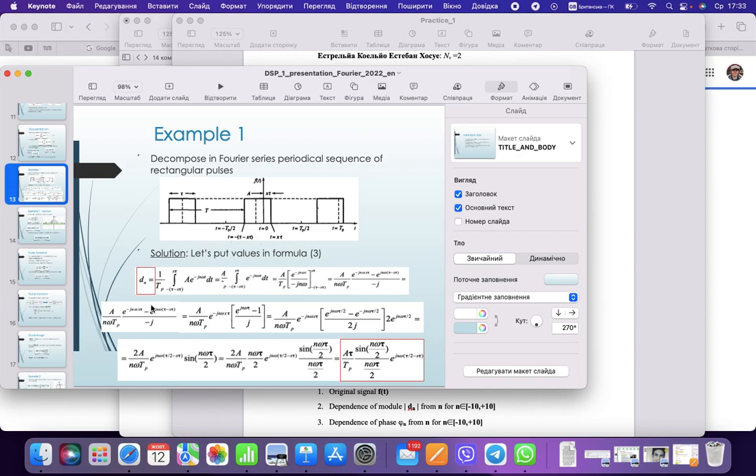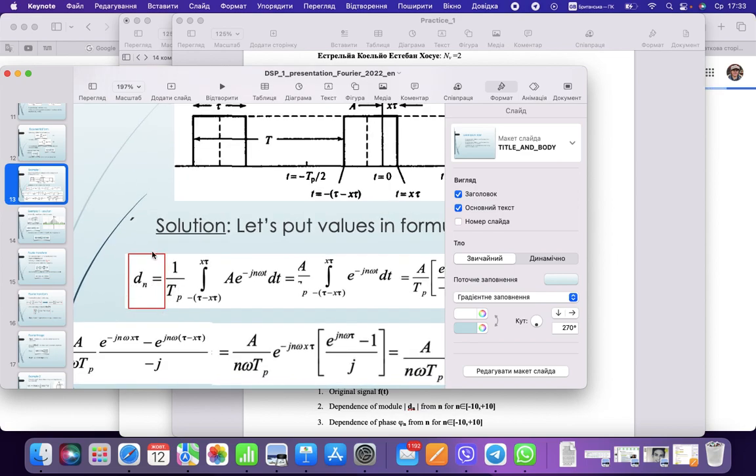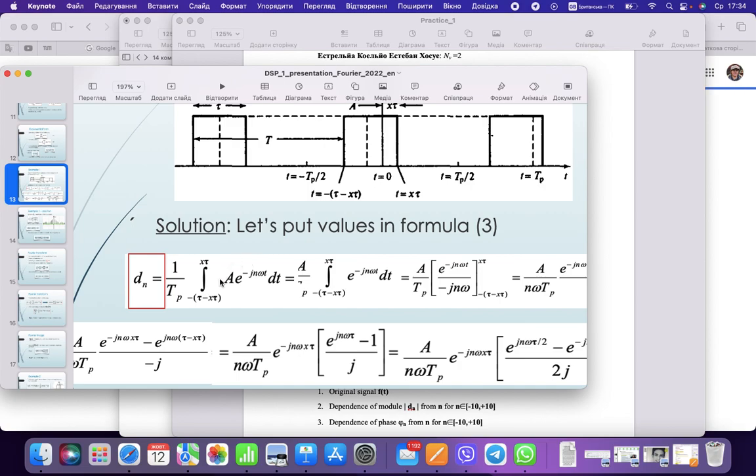And here already is the formula that gives us the value of the Fourier coefficients dn. dn is a coefficient of the Fourier series for the value n, where n is the number of the harmonic, and you don't need to put some concrete value here.